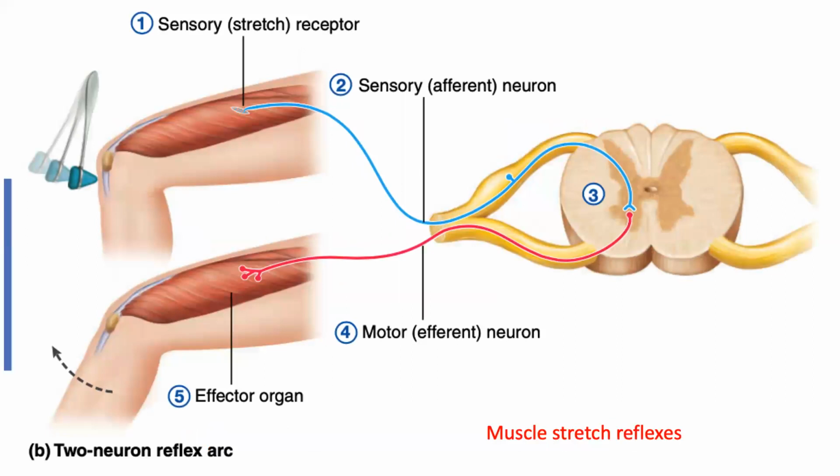Now, in this lecture, we will focus more on the muscle stretch reflexes. Some textbooks might also mention this as deep tendon reflexes. These are an integral part of the neurological examination.